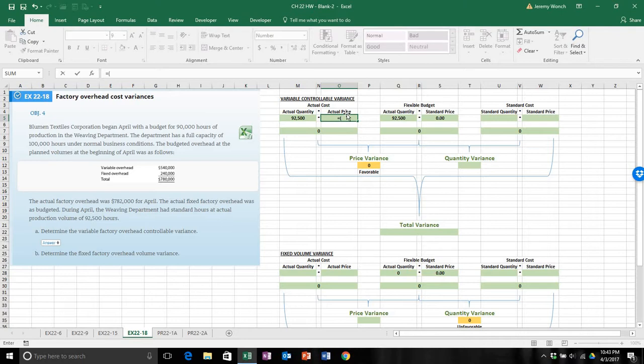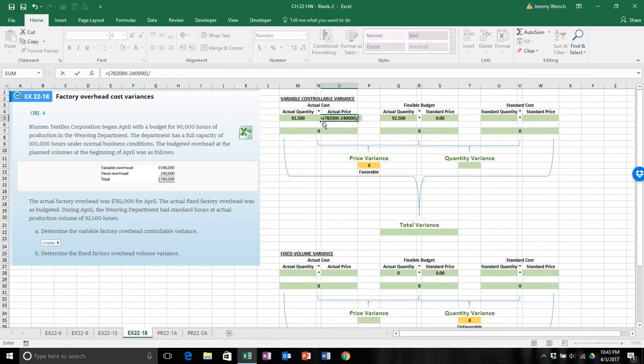To do that, we want to look at the actual variable cost. We have 782,000 total costs for April. We're just looking at the variable costs, so we want to subtract out the fixed. So we have 782 and subtract out the fixed of 240,000.